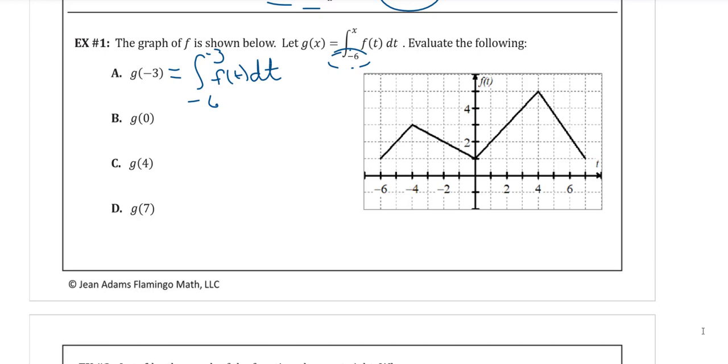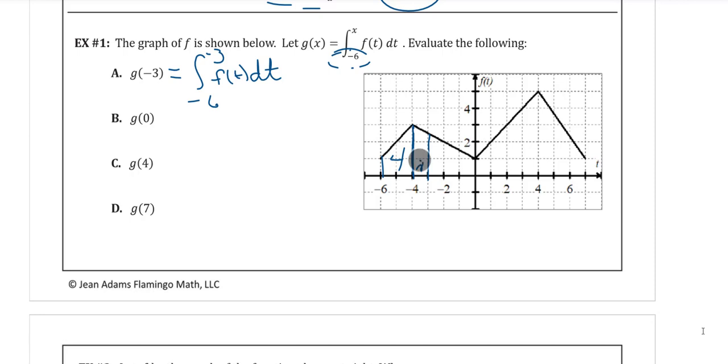So a good way, you can divide this up however you want. I'm going to divide it up this way. So here is my first piece, and that's a trapezoid that has area 4. And then I'm going to do this little skinny trapezoid here that has area 2.75.